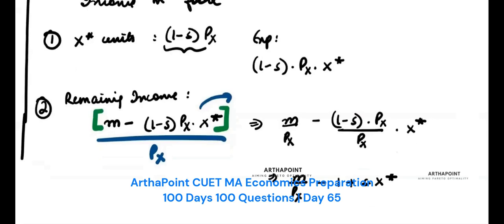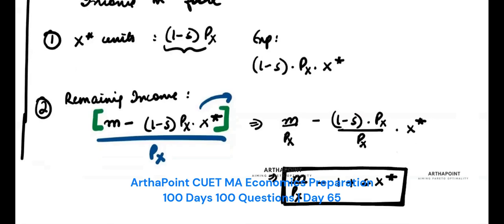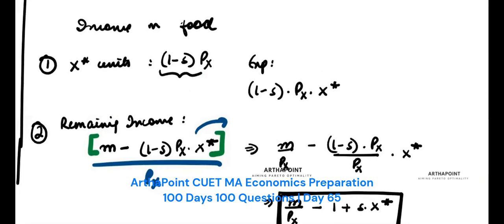This is the amount that he can go ahead and consume with his entire income. This is how you can go ahead and find how much consumption it is possible for him to do. So let's see what we have done. First of all, we are going ahead and saying that he's spending all his income on good X, on food.